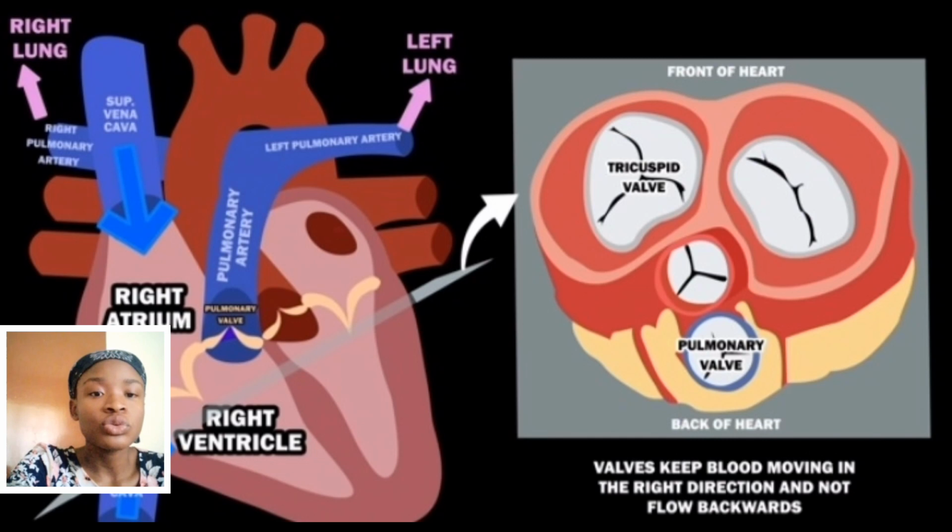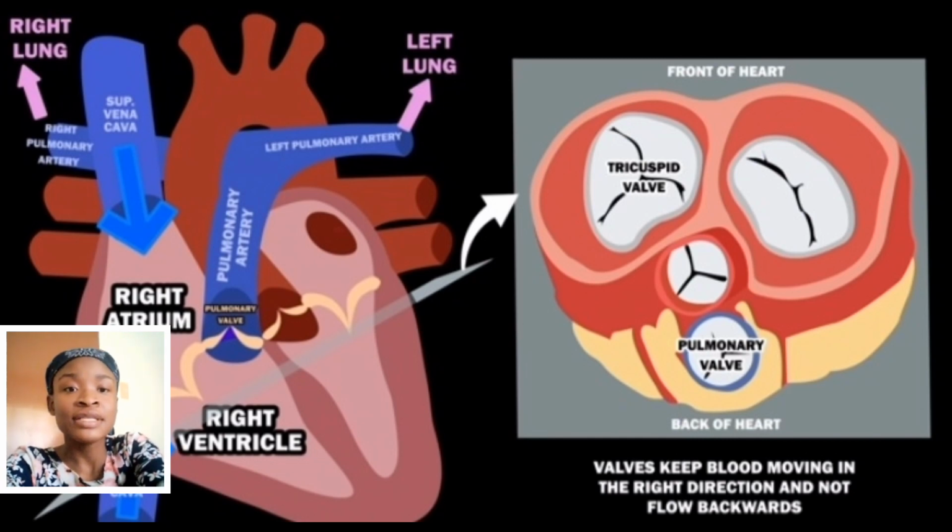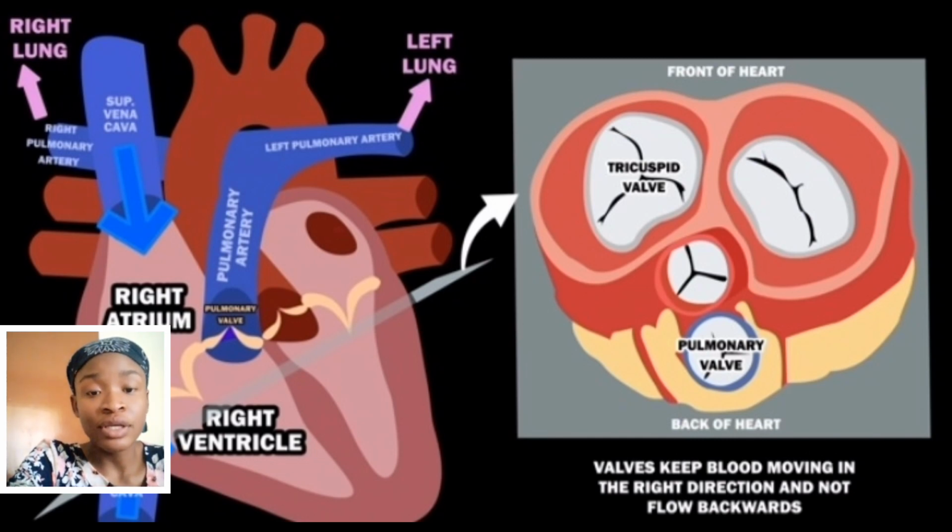So what happens is the blood enters the right atrium, the deoxygenated blood. Remember, we said blue vessels contain deoxygenated blood. So the deoxygenated blood comes through the inferior vena cava and the superior vena cava into the right atrium, and then the blood flows into the right ventricle through the tricuspid valve.